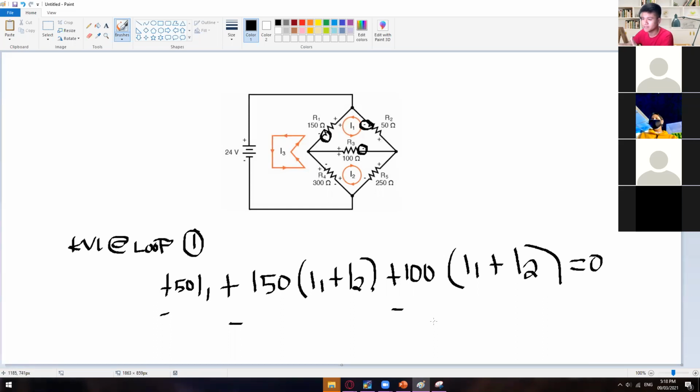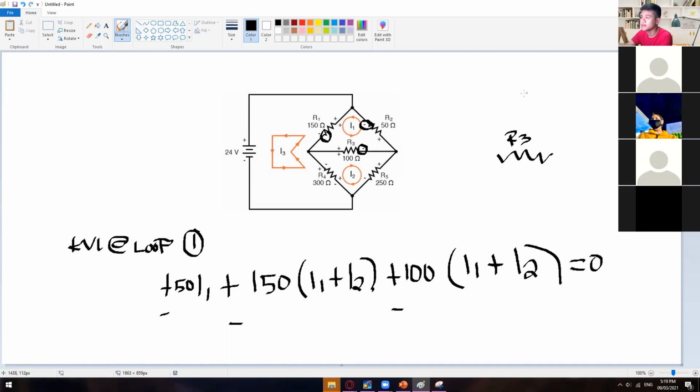Okay, sir. I thought we were following the arrow, but it turns out we aren't. No, we don't follow that one. So again, if we have the same symbol for this one, plus and minus for the I sub 1, and then plus and minus for the I sub 2, then it should be plus. So this sign will only be negative if, for example, let's say your R3 right here.